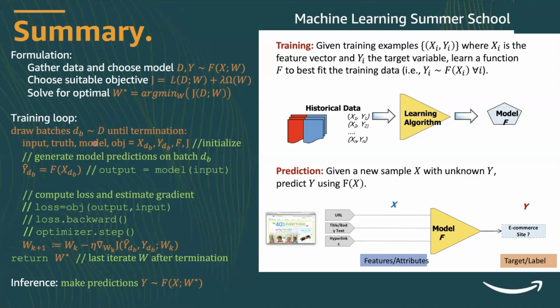We draw, this is the batch gradient descent that we've seen, we draw a sample from our training data, and we run this update function on the parameters until we hit termination, and then return the final, optimal set of parameters.